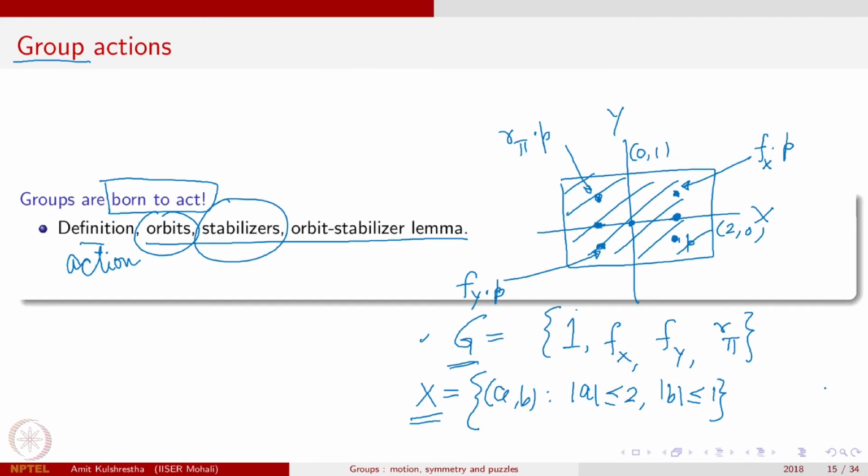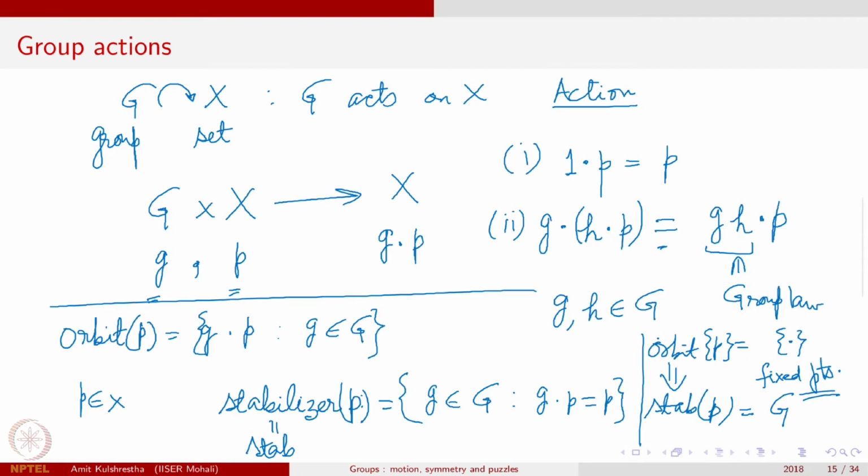Okay, as you can see in this example, this is the fixed point. This is a fixed point in the action. So here in this example, there is only one fixed point, and for this fixed point, all 4 elements constitute the stabilizer. So, this is some kind of conservation law, right?